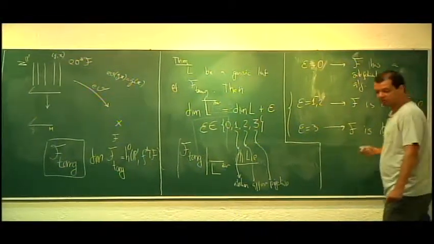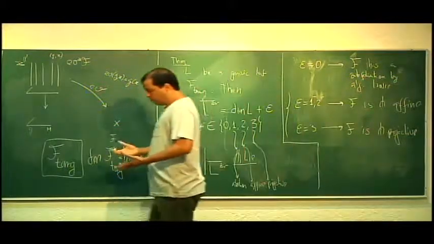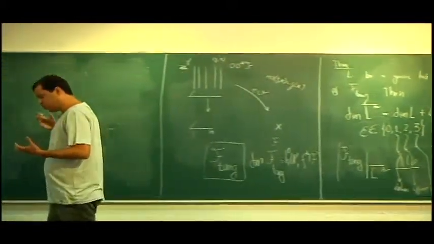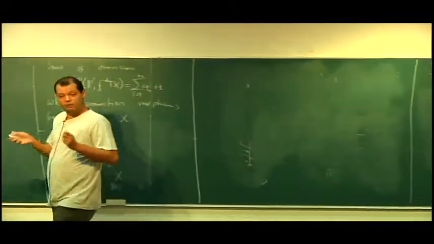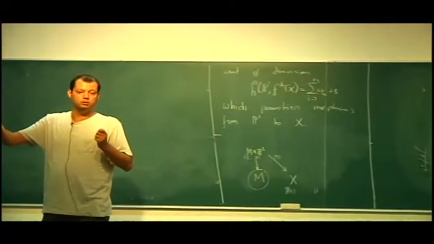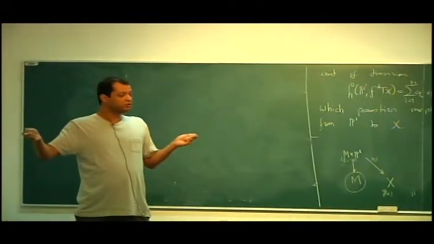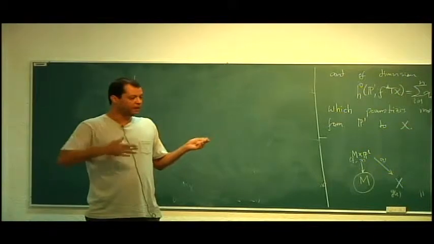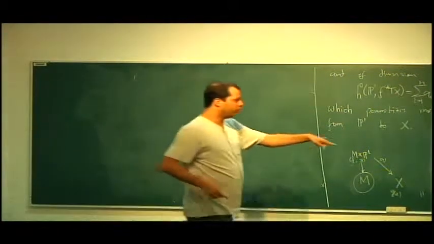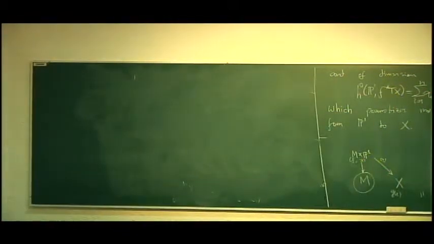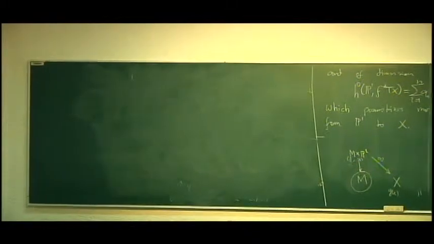Transversally affine is transversally projective. So we have a transversal structure on the foliation. And then when I take a generic line, we have a transversal structure on the line. So this leads us already to this foliation F-tang.